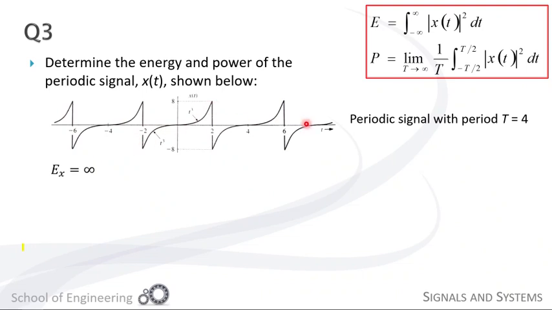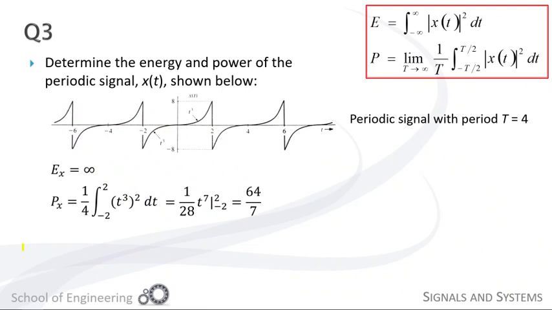So we take that, -2 to 2, t cubed is the formula that models it. You take that, square it, I get t to the 6th, and then integrate that. Okay, so remember this, if it's a periodic signal, energy is infinity, you find the power.